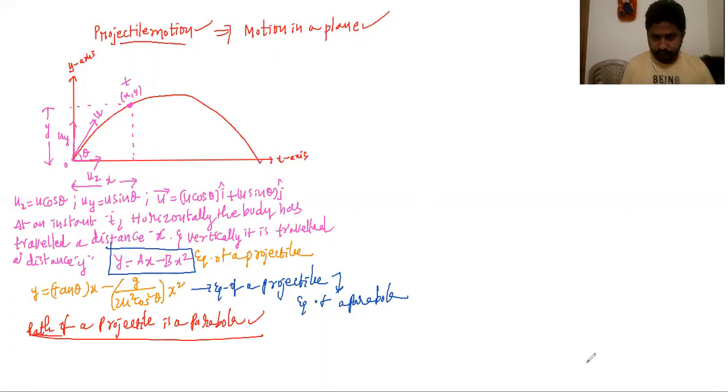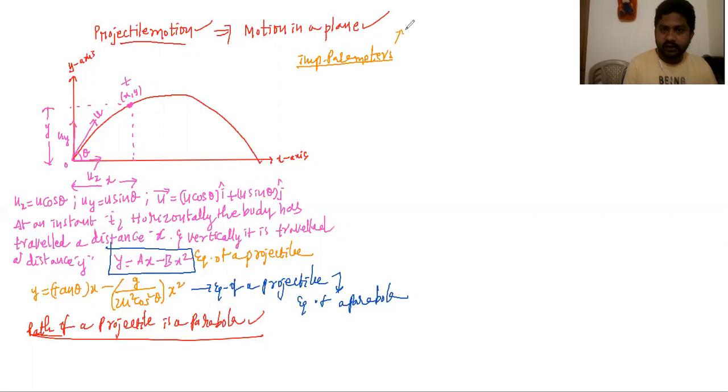Right. Now look at here. There are a few important parameters we are going to discuss in the projectile motion, right? What are those?